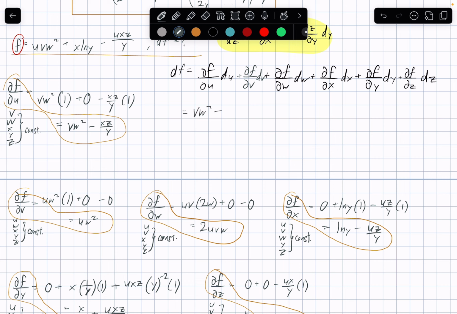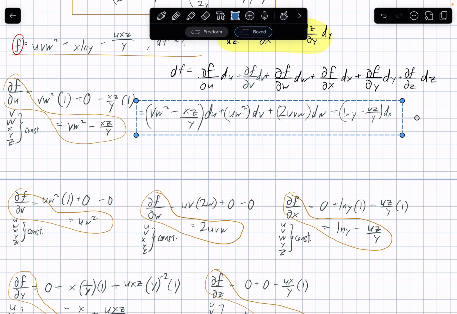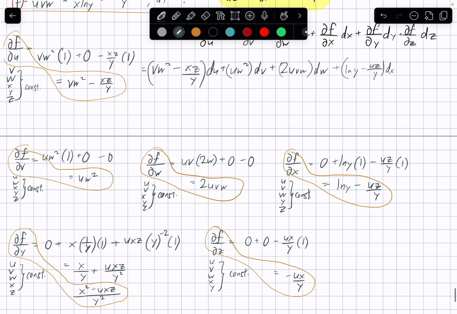So, vw squared minus xz over y, times du, plus partial f over partial v is uw squared, partial f over partial w is 2uvw, times dy, minus ux over y times dz.